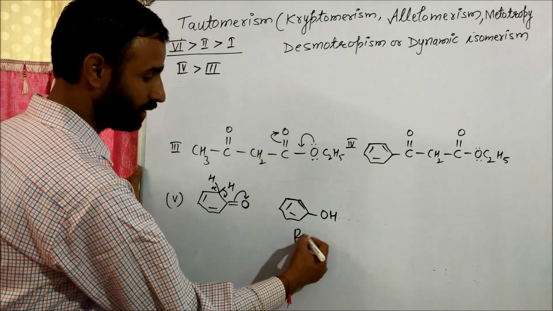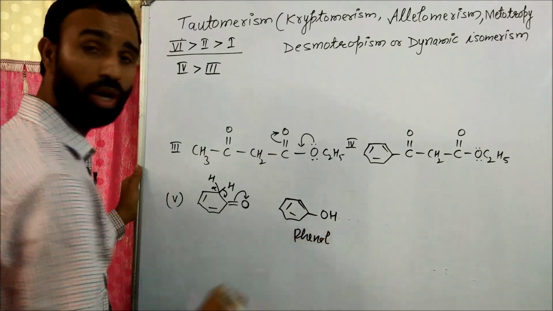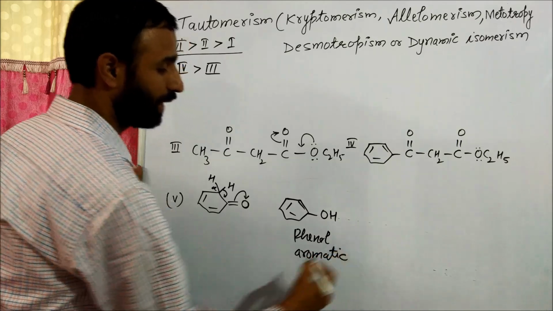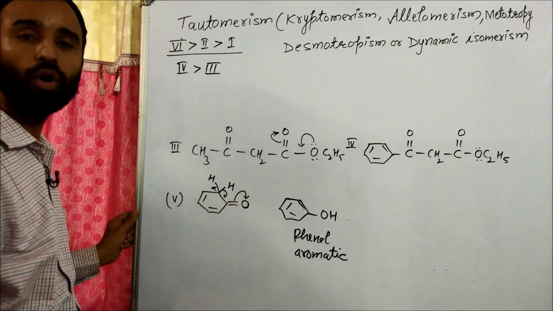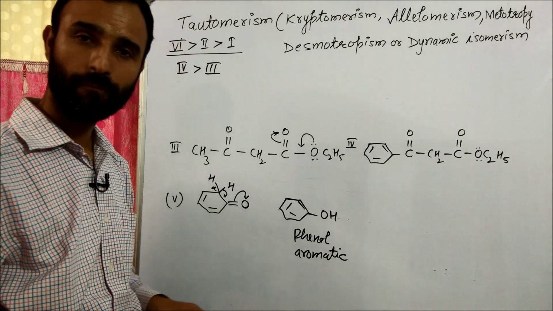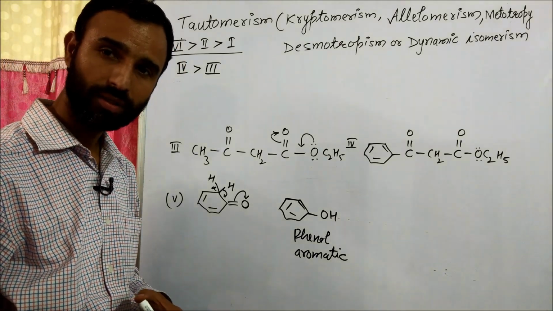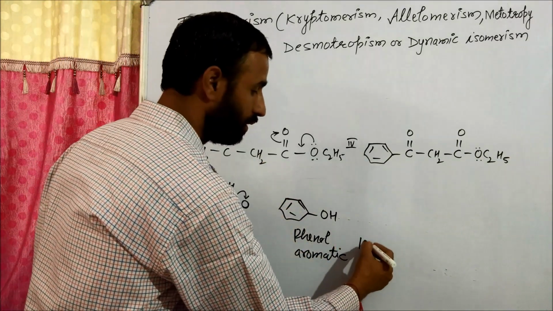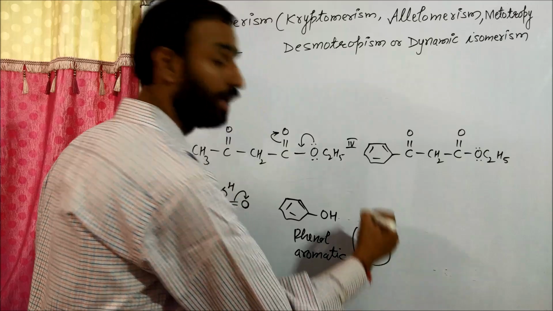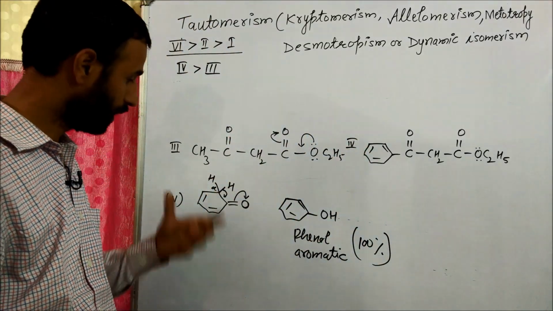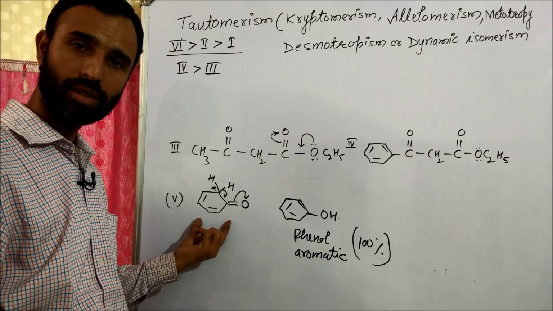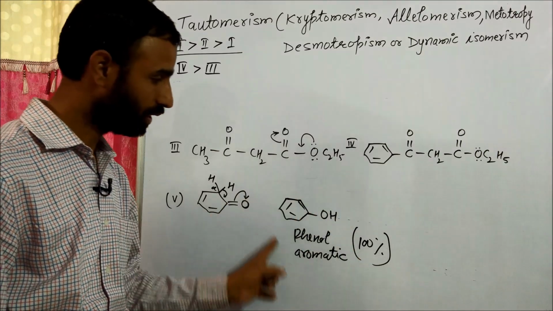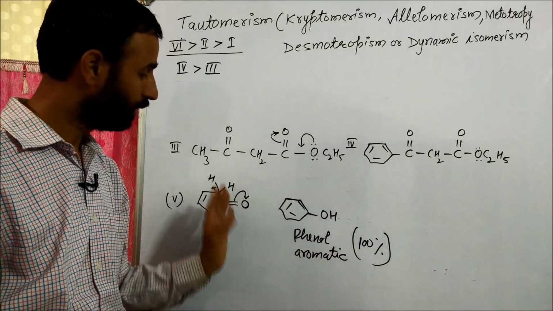and surprisingly this is phenol, and phenol is aromatic. So keep in mind, if enol form of a compound is aromatic, that is always formed 100%. Means this is always in the form of enol. Phenol is the most stable form of this compound.